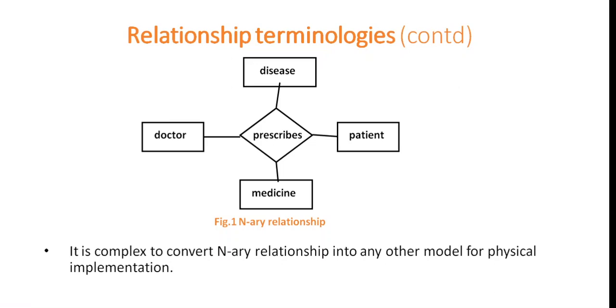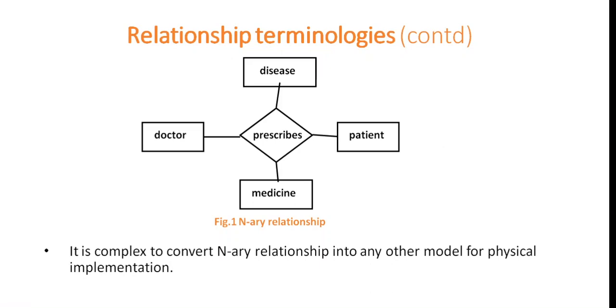But while representing this n-ary relationship, it is very complex to convert this type of relationship into any other model for physical implementation. See, this ER model, or whatever entity sets we show diagrammatically, is a logical or conceptual representation. We cannot use this to store data or to store attributes. If we want to store data, then we need to convert this logical or conceptual representation into physical implementation.